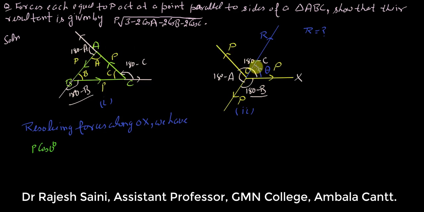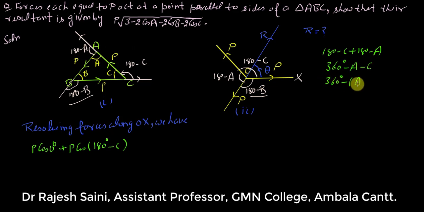This one is at an angle 180 minus C, so this will be P cos(180 minus C). And this one is making 180 minus C plus 180 minus A, so the total angle will be 360 degrees minus (A plus C). So from here to here the angle will be 360 minus (A plus C).